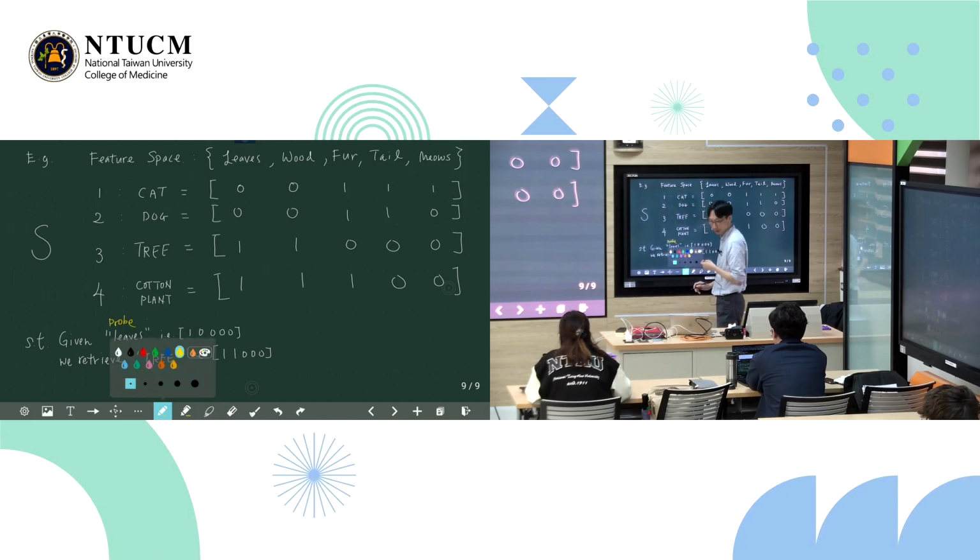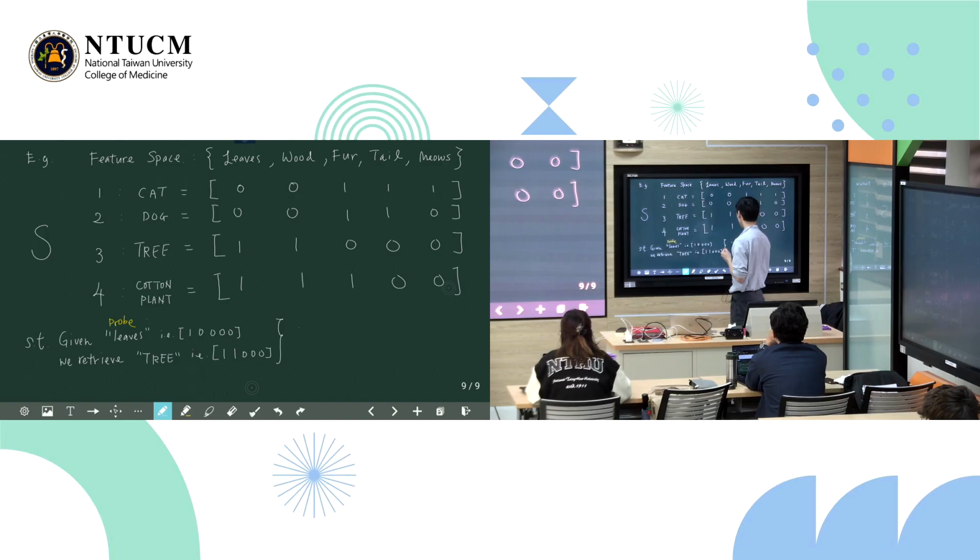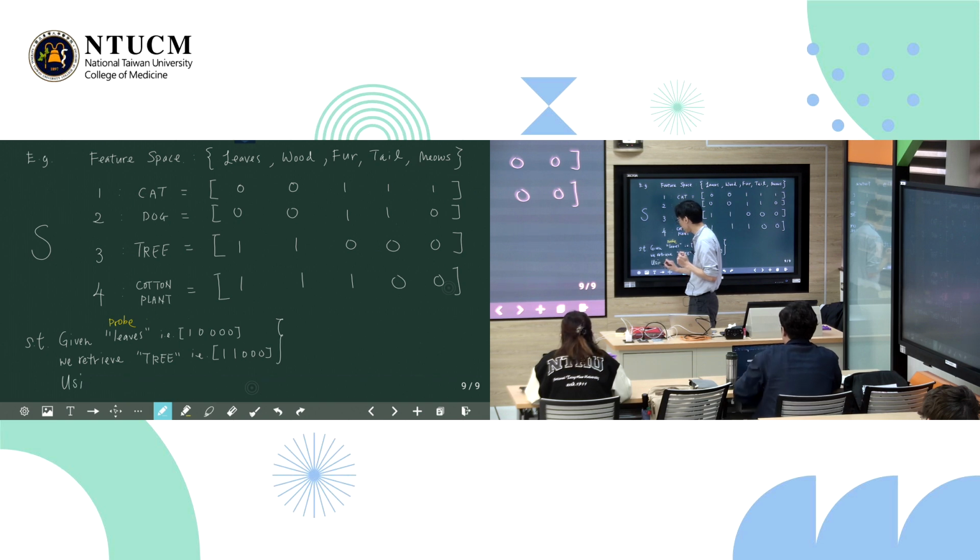And we have to do this using Hebbian learning for Hopfield networks.